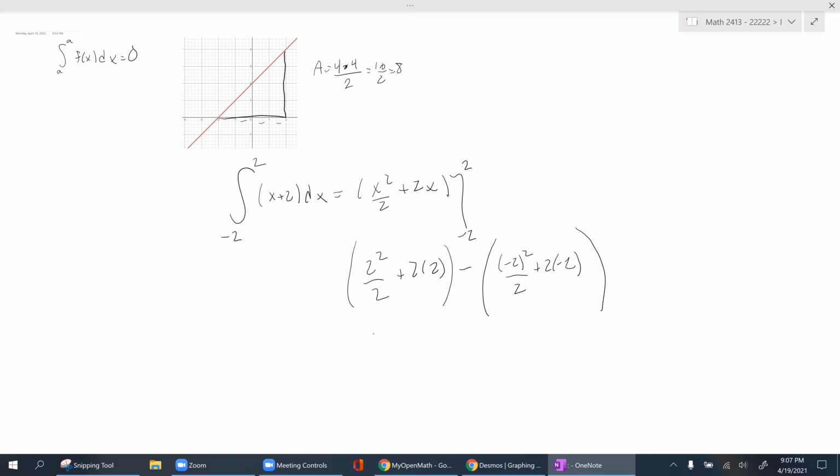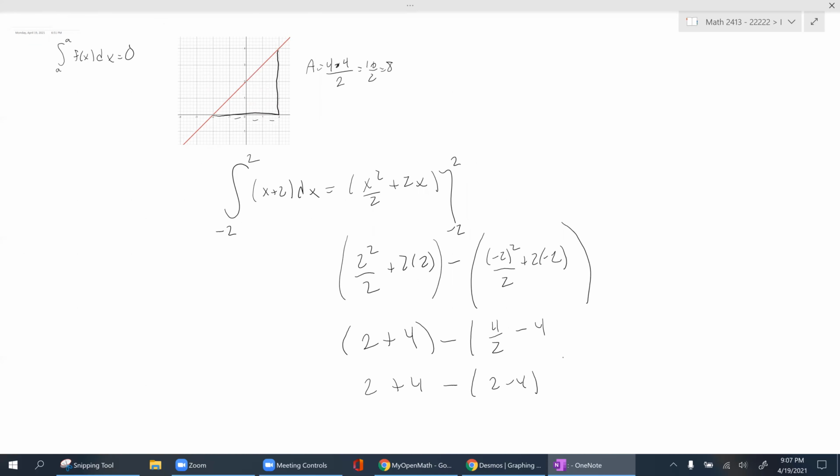So here I get 4 over 2, which is 2, plus 4, minus 4 over 2 minus 4. So this is 2 plus 4 minus 2 minus 4. I'm being very careful with my signs here, specifically this one and the parentheses on the right.